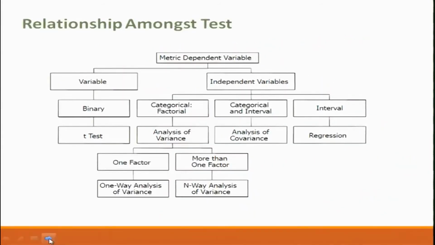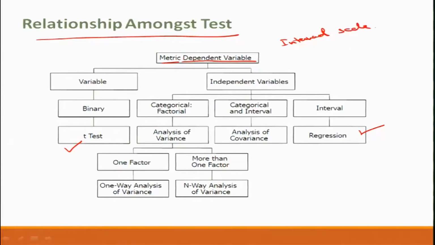So next comes the relationship amongst the tests. You have seen the T-test, you have seen regression. Where did we do the T-test? When the dependent variable was metric, that is, it was on an interval scale, and my independent variable was just a variable.